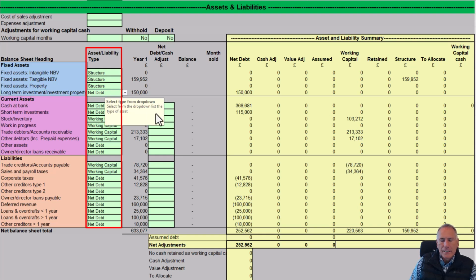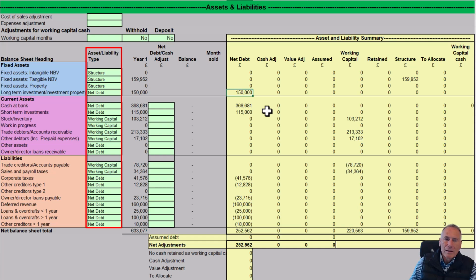You've then got something called net debt. Net debt is effectively any assets and or liabilities that aren't part of the business going forward. For example, in this case, we've got a long-term investment. You wouldn't expect the owner to sell that with the business, because if that long-term investment wasn't there, it wouldn't affect the trading of the business.